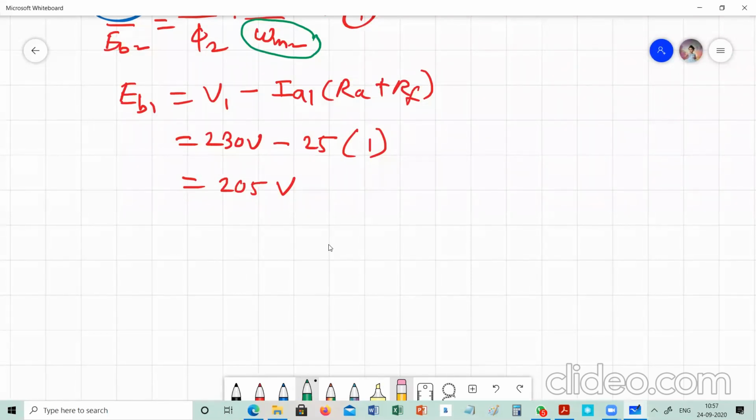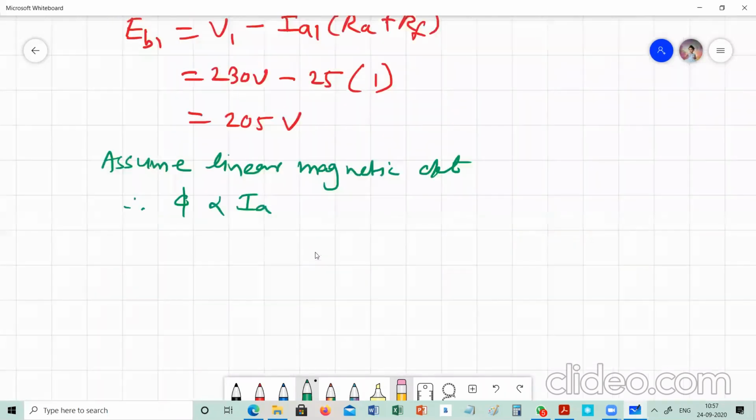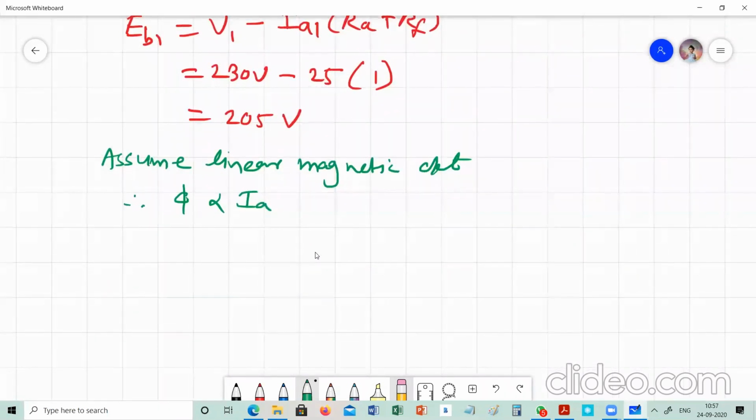Here the assumption will be the key point. They have said that you can assume a linear magnetic circuit, therefore phi is proportional to I. Because in a series motor the field current is equal to the armature current, instead of phi proportional to IF, I can write phi proportional to IA.